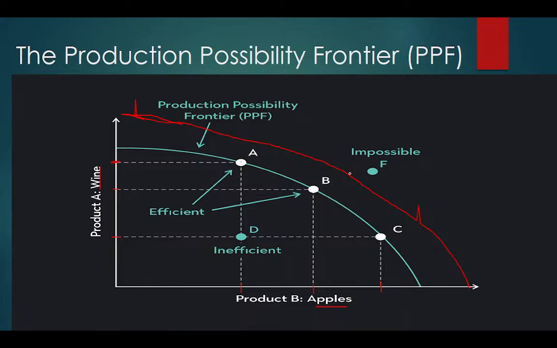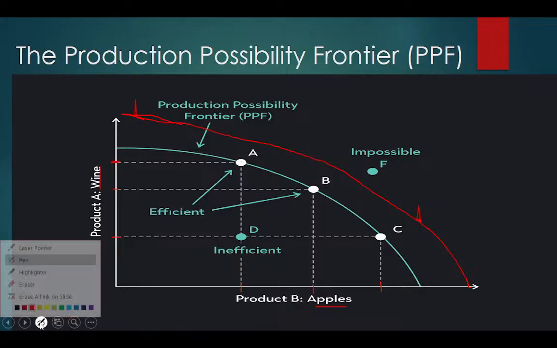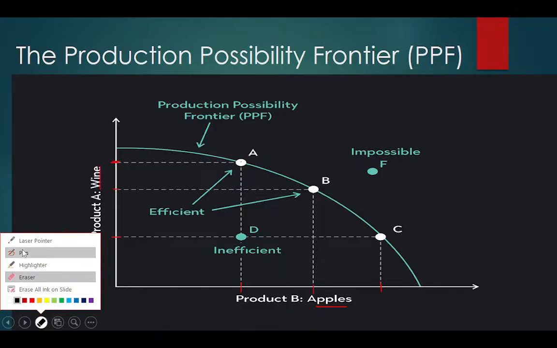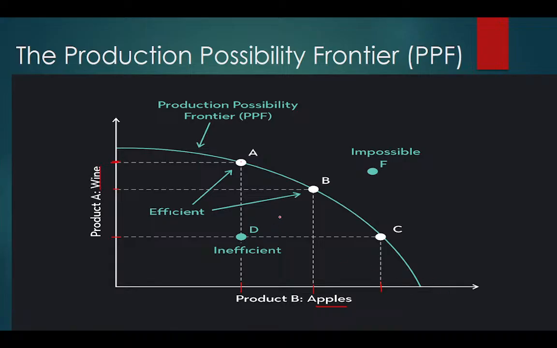If we had a curve that behaves so, that is the curve that would give us more productivity without sacrificing anything.